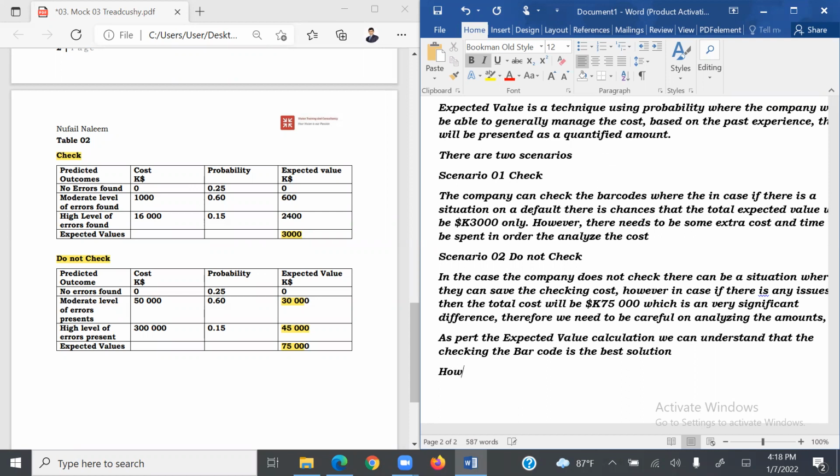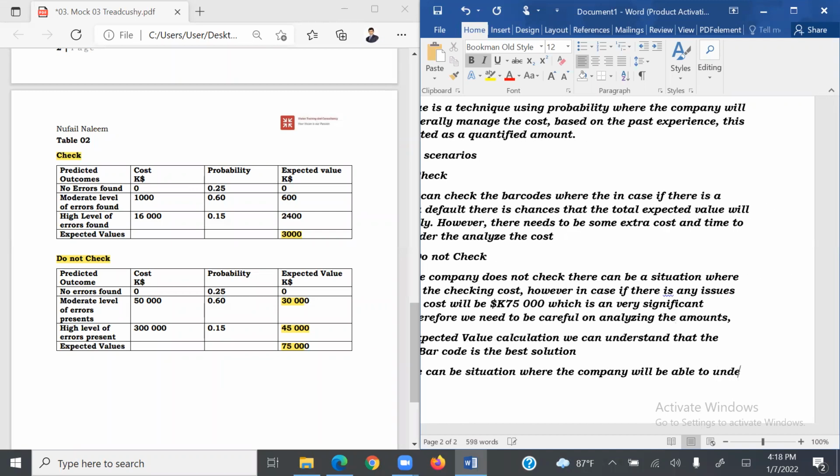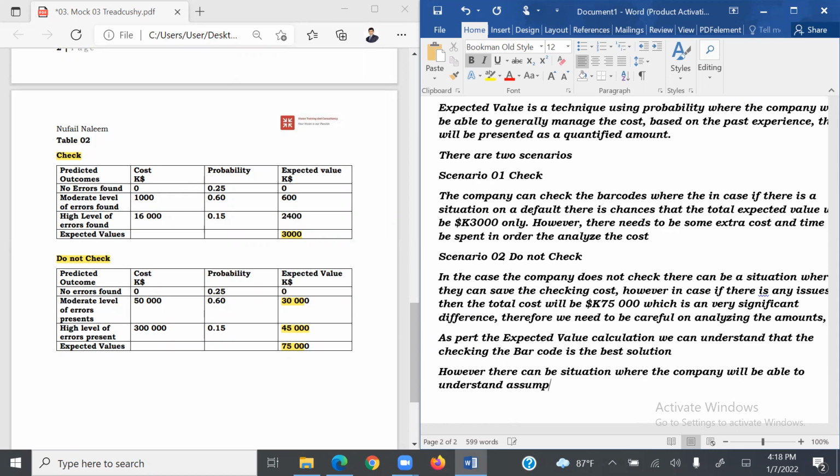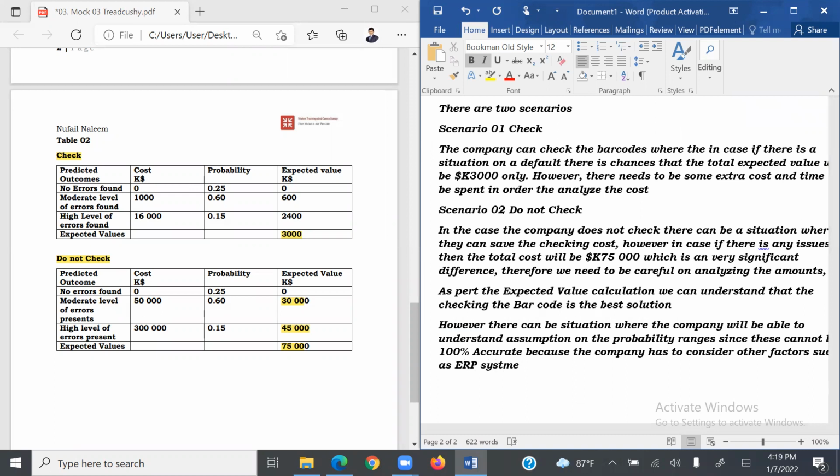Keep in mind, however, there can be situations where the company will be able to understand the assumptions on the probability ranges, since these cannot be 100% accurate, because the company has to consider other factors such as the ERP system and previous work history.